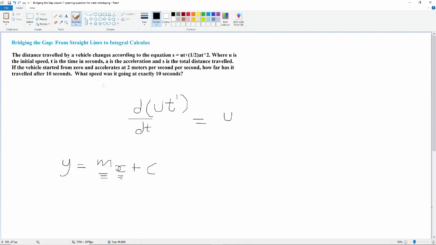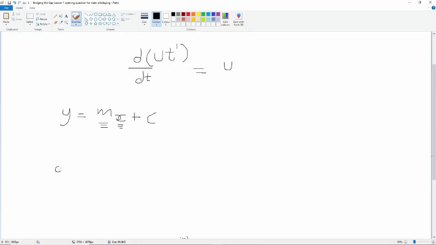And in fact, if we get dy by dx of mx plus c, we can look at x as x to the power 1, so that's 1 times m times x to the power 0, and x to the power 0 is 1, so that just equals m. So that's another way of looking at it.